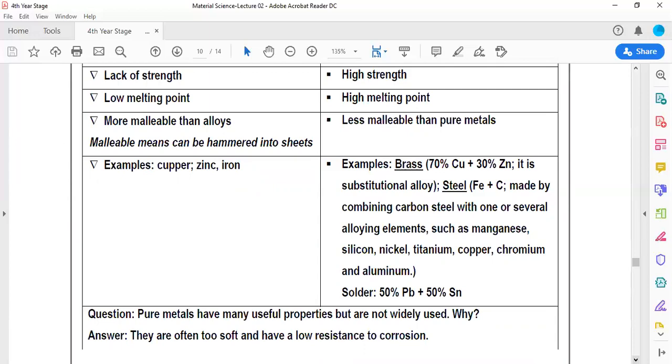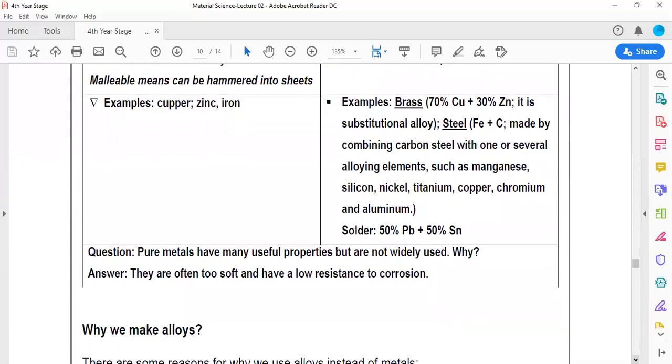And steel, if you remember, just today we said that it's iron mainly with, for example, copper, or for example, chromium or vanadium. So many metals can be added to Fe, to iron, to make different types of alloys. And as you see in the examples, such as manganese, Mn, silicon, nickel, titanium, copper, chromium, and aluminum. Of course, the only non-metal in this case is silicon.